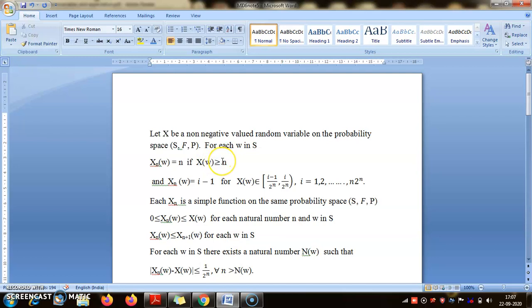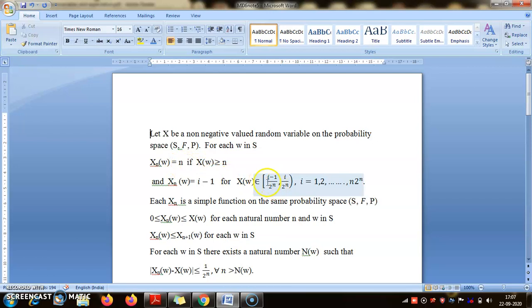So given a natural number n, X(ω) is either greater than or equal to n or less than n. In case X(ω) is greater than or equal to n, we define Xn(ω) to be n.